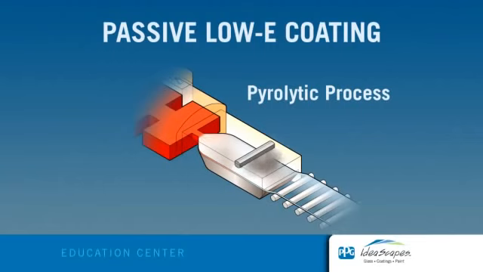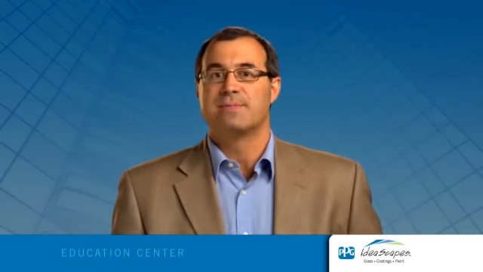Finally, the glass is cut into stock sheets of various sizes for shipment to fabricators. Passive low-E coatings are good for very cold climates because they allow some of the sun's shortwave infrared to pass through and help heat the building during the winter, but still reflect the interior long-wave infrared back inside.